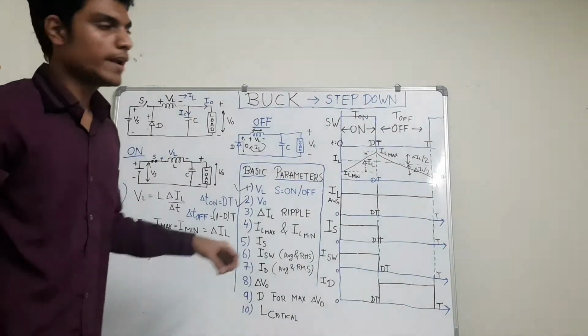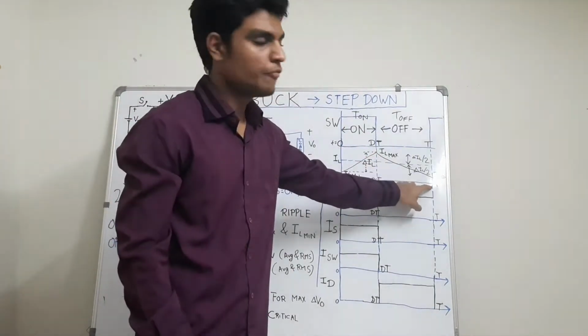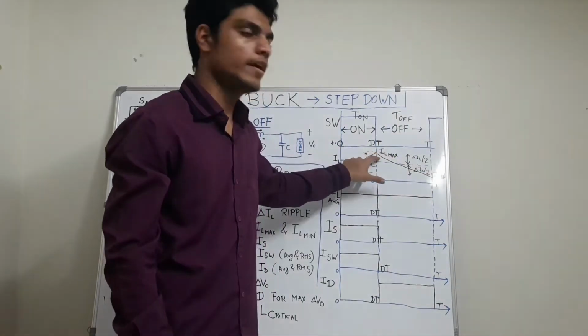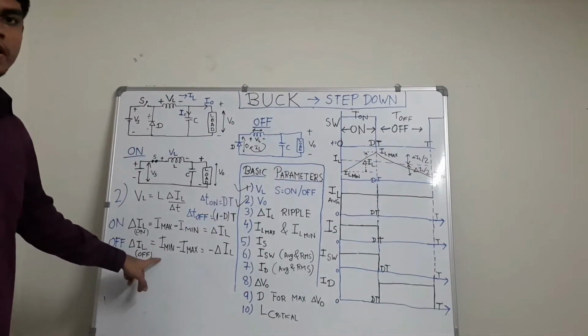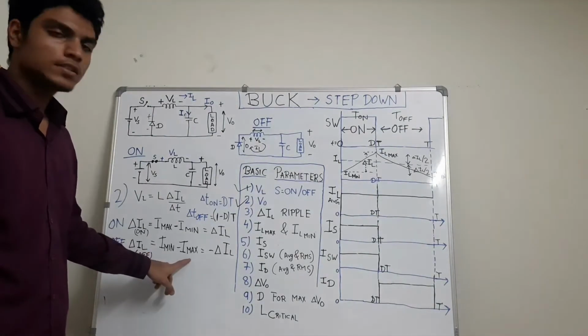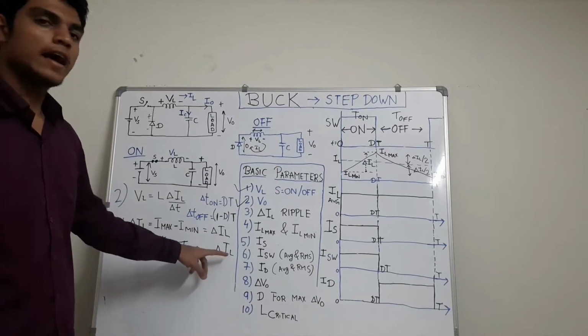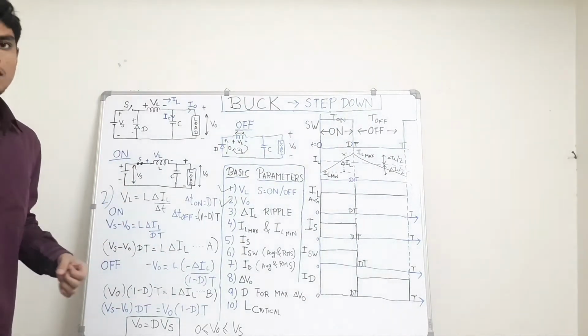And during the off condition of the switch, the inductor discharges, current falls. So the change in the inductor current will be given by, at the end of the off period t, the final current is I min and the initial current was IL max. So the change will be IL min minus IL max equals to minus del IL. Let's apply the charging equation of the inductor.